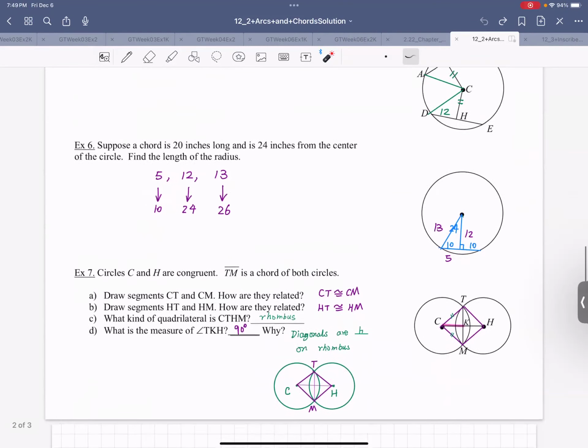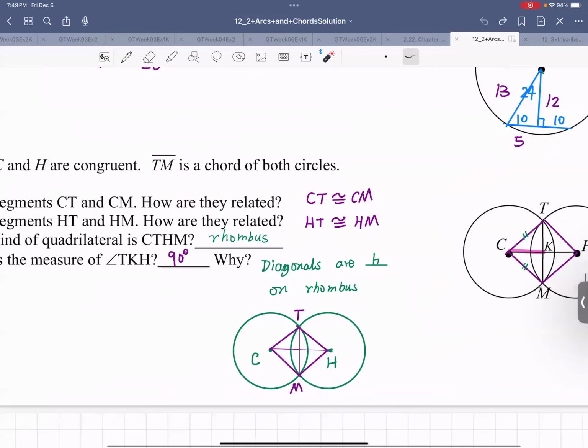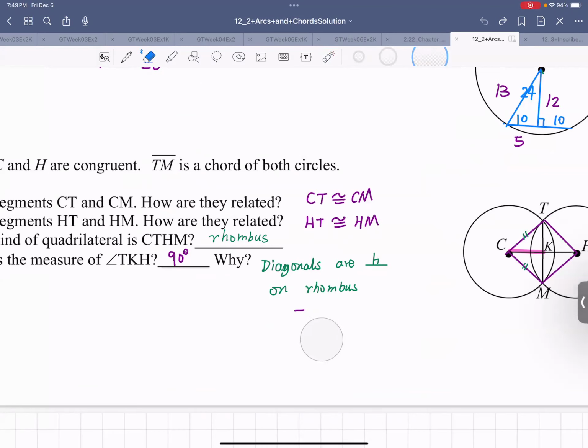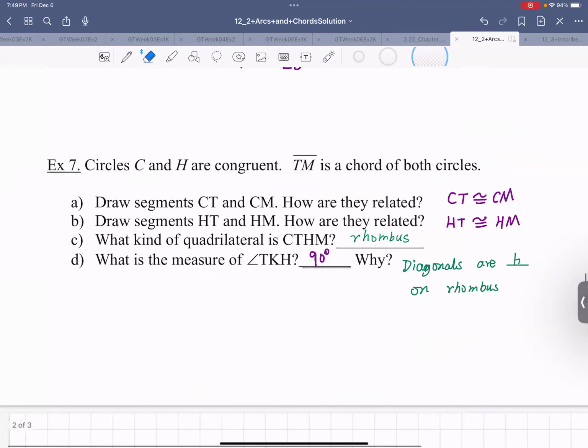Next one. Let's go ahead. Draw this graph. Everybody, draw this graph by yourself. They give you 2 circles. Search for a circle in your room so that you can draw 2 identical circles. When they say 2 circles are congruent, you just need to satisfy one thing, which is the radius is equal.